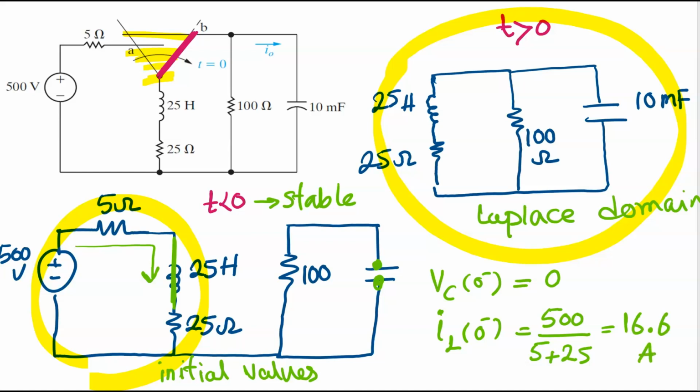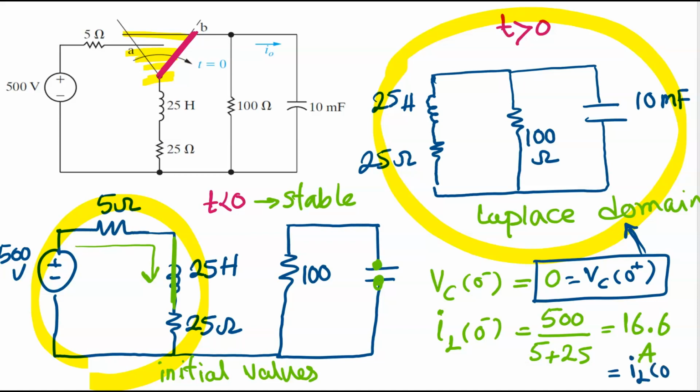So now I know that for the circuit after 0, the voltage of the capacitor is equal to 0. So this is my initial condition that I can adopt for the circuit after 0. And also, the current of the inductor after 0 is equal to this 16.6. So I can also use this one in order to prepare my circuit for after 0.